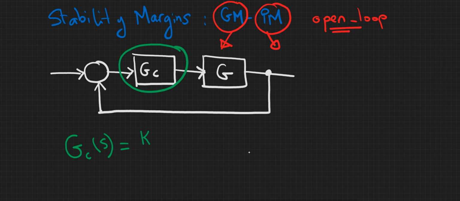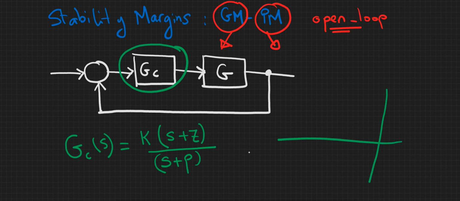So we have a gain and we have a zero and a pole, just a real zero and a real pole. It's quite simple. This is the main structure of the lead or lag compensators. The only difference between them is basically the location of the zero and the pole. If the magnitude of the zero is smaller than the magnitude of the pole, then this is called a phase lead compensator.